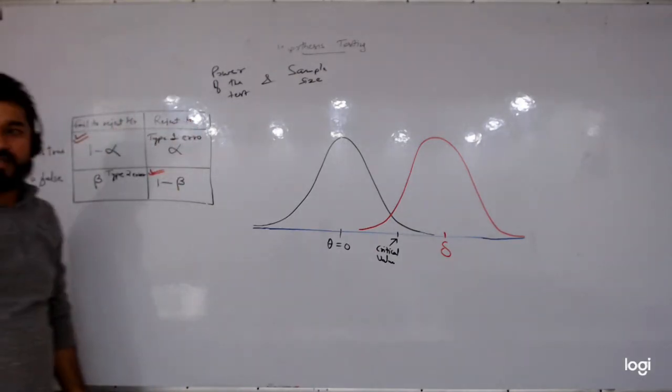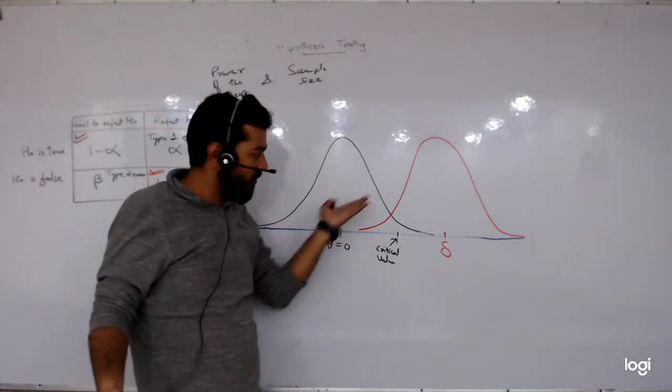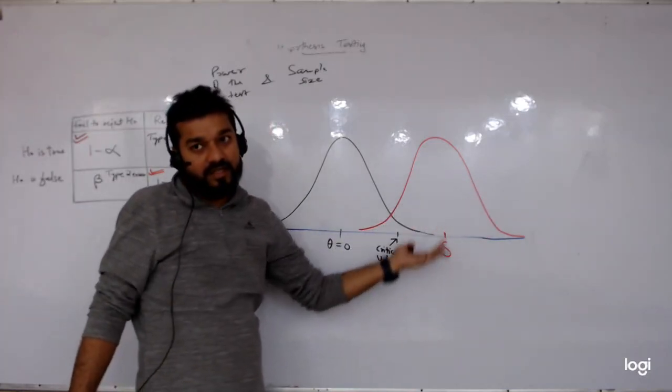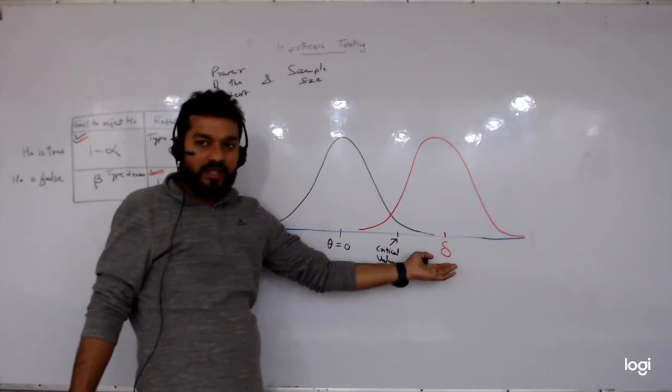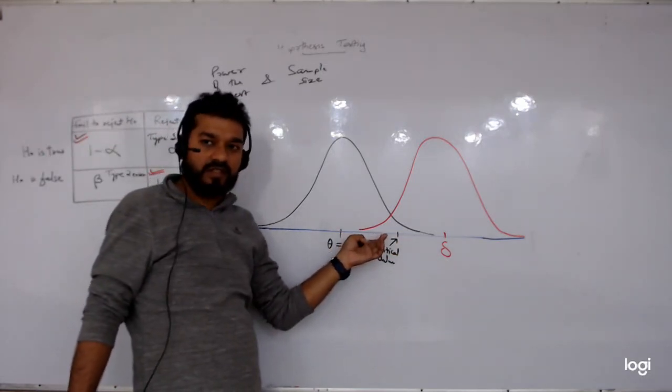But samples being samples, they are random. We have this distribution. The distribution says there is a low probability, but there is, that even though this may be true, the sample value may come somewhere over here.